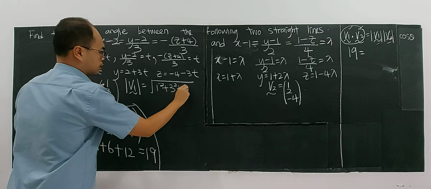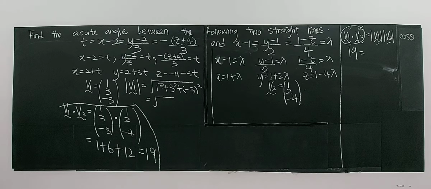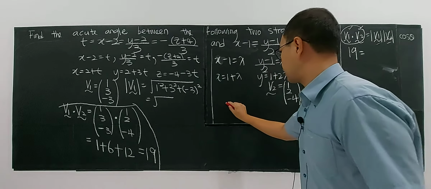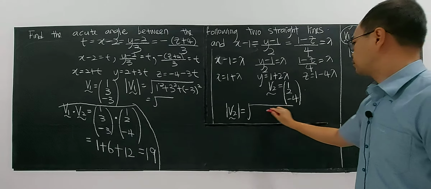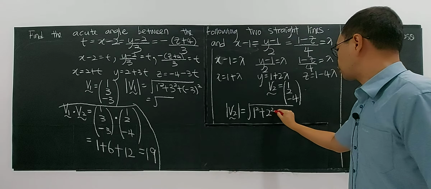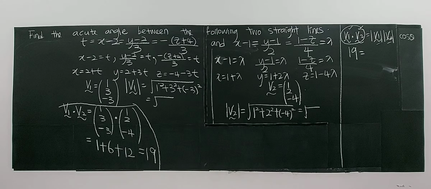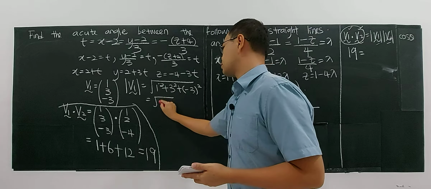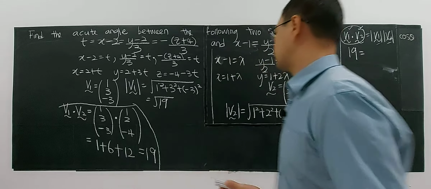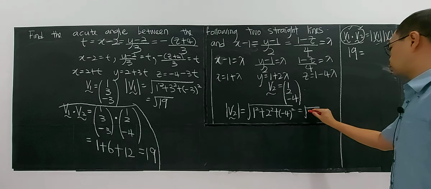And for V2, the magnitude is the square root of 1 squared plus 2 squared plus negative 4 squared. Let's calculate. For V1, you get 1 plus 9 plus 9, which is 19, so the square root of 19. And for V2, you get the square root of 21.